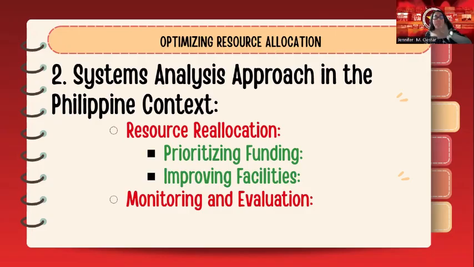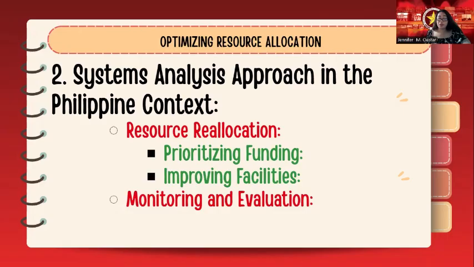And at the end, after we resource allocate those priority improvement areas, we monitor and evaluate, regularly monitoring the impact of resource reallocation and student outcomes and making necessary adjustments based on the data.